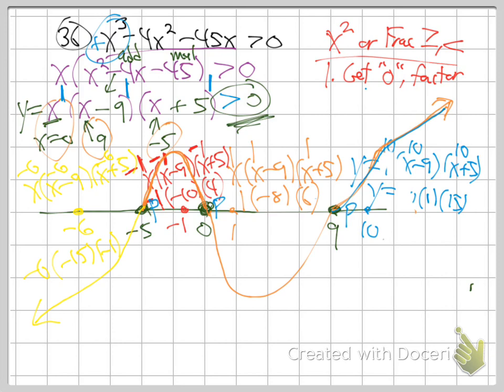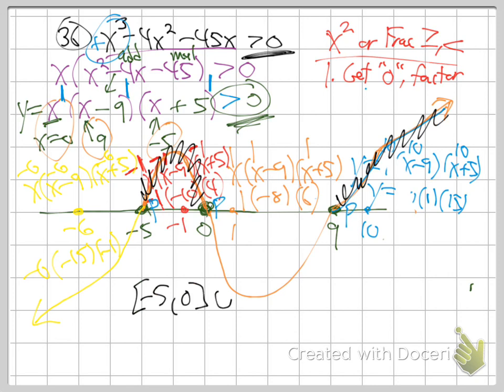Anyway, let's answer this question finally. What is the answer to this question? They want me to tell them, where is it greater than 0, please? Here and here. Those are the places the graph is above 0, which is between negative 5 and 0, united with 9 to infinity.